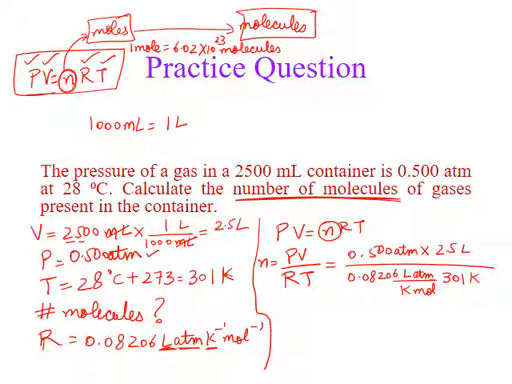Per mole means divided. So Kelvin and Kelvin cancelled, atm cancelled, liter cancelled. I am left with a unit of 1 over mole. So the reverse of 1 over mole would give me mole. So the final unit that I'm getting here is moles.